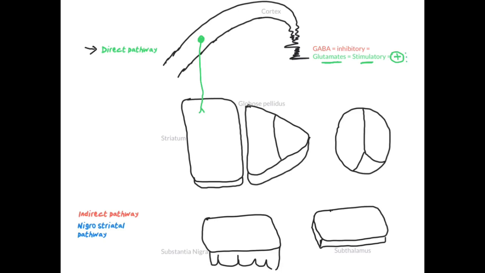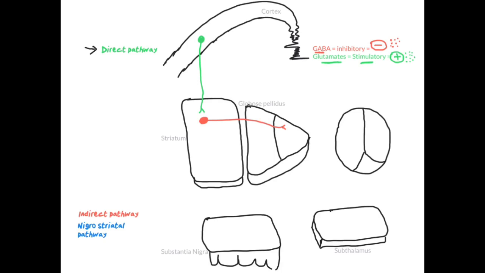The glutamate is these dots. And the subsequent neuron, I will draw in red to represent the GABAergic neuron. They are inhibitory, which we will represent by the minus sign. And the red dots represent the GABA.